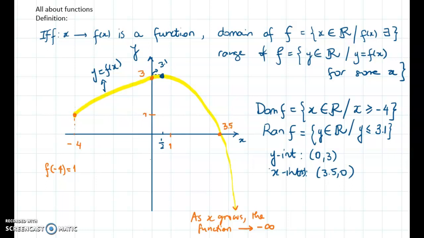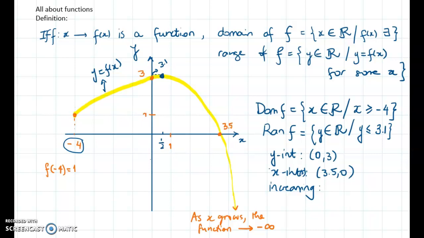We can also look at when the function is increasing or decreasing. So the function is going up for values between -4 and a half. When I start here with the value of x = -4, the function is growing and growing and growing up to achieving the maximum at 3.1. That's when x is a half. And then the function goes down, so it decreases.